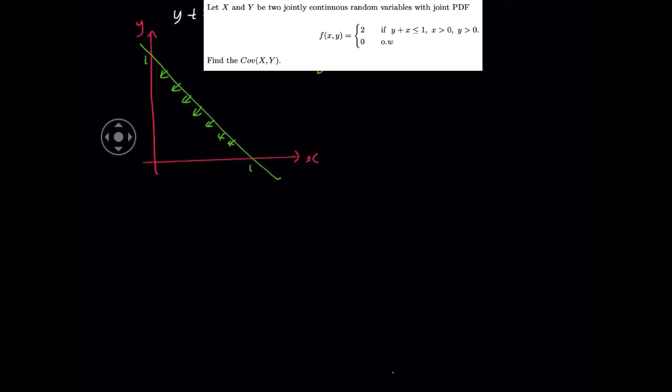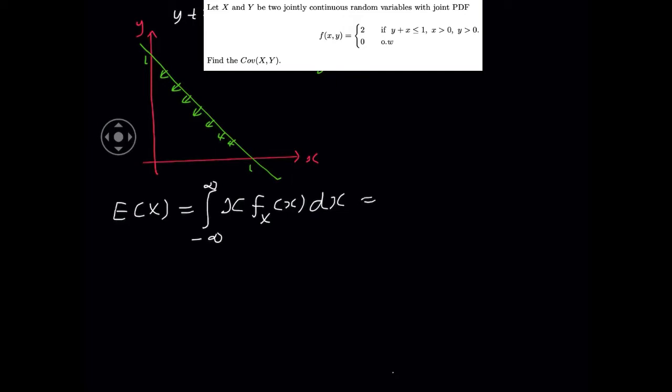First, we will find the expected value of x. How do we find the expected value of x? Integral from negative infinity to positive infinity of x times f_X(x), the marginal of x, dx.